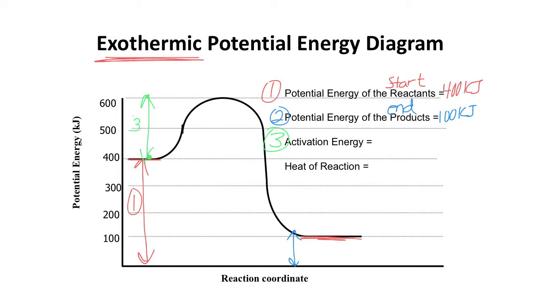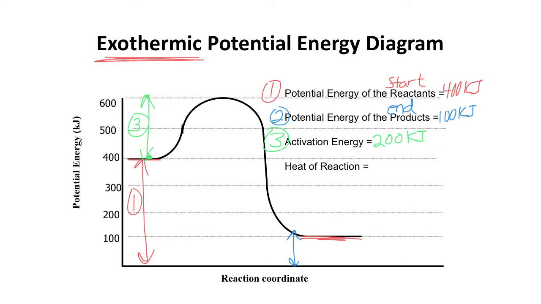So the activation energy, again, is the difference between where the reaction starts, so 400, and the top of the hill, so that's going to be 200. Activation energy will have a huge impact on the rate of the reaction. The more the activation energy, the slower the reaction is going to go because it's going to take longer to build up that energy and get over that hill.